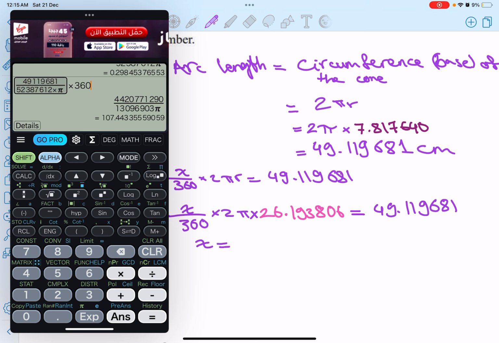So x at the end is going to be 107. And that's it.